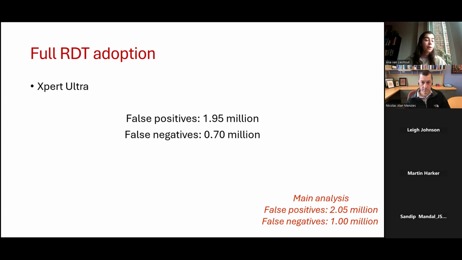So for example, what if we consider full Xpert adoption, so there was no more smear test, which means that the specificity and sensitivity of the lab test overall will be higher. In the bottom right corner, I have the results for the main analysis, so that way it's easy to compare to what we see in this counterfactual analysis. Because we do see a decrease in false positive diagnoses between the main analysis and this counterfactual analysis.